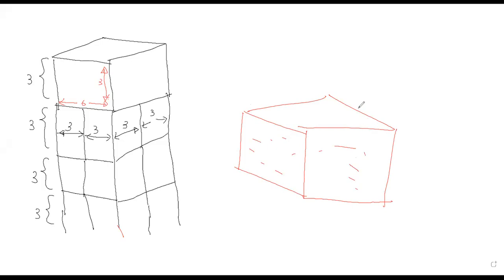Water pressure is usually on this wall, and on each wall it is triangular, right? So it's 0 at the top and a certain value at the bottom.